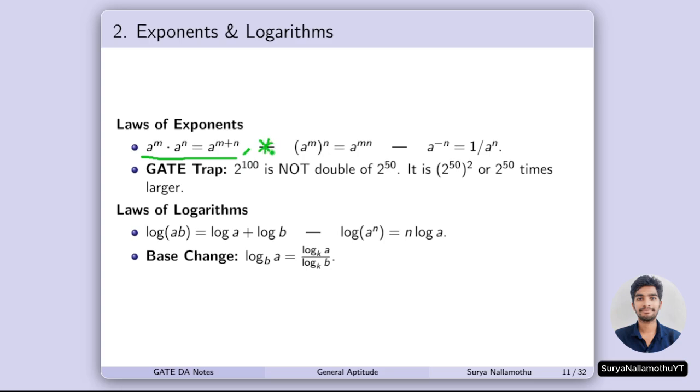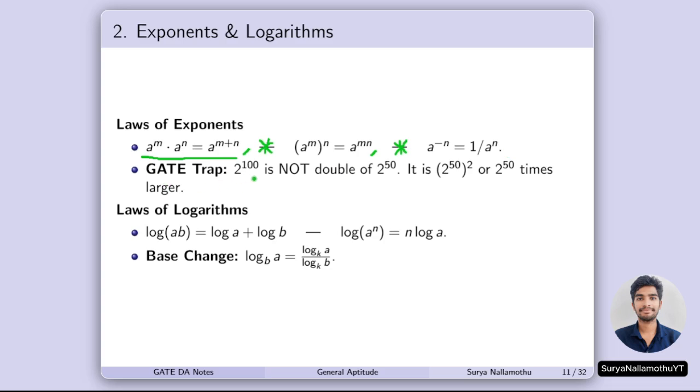The another point: a power m whole power n is nothing but a power mn. And the another point is a power minus n is nothing but 1 by a power n.